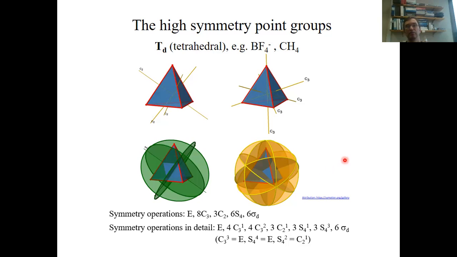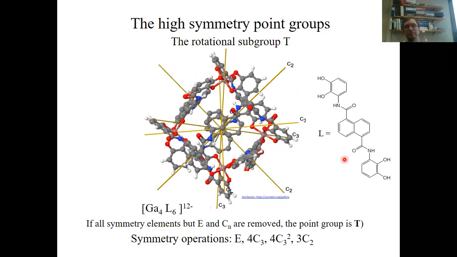What other high symmetry point groups do we have? First of all, there are so-called subgroups of the point group Td. These subgroups have the symmetry elements of the point group Td except some. This is why these groups are called a subgroup.